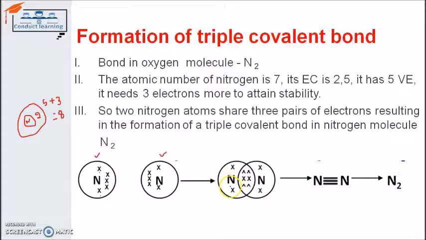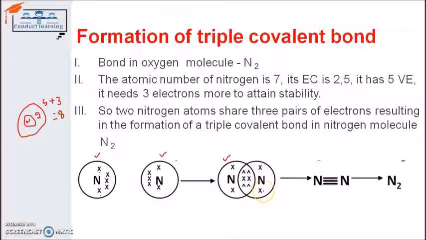The first atom of nitrogen is getting stable. How? It has 8 electrons after sharing. The first electron, the second, third, fourth, fifth, sixth, seventh, eighth. The other nitrogen atom also becomes stable after sharing. How?